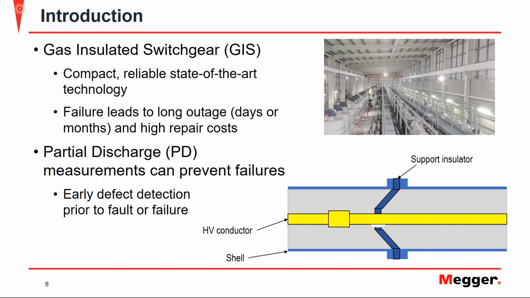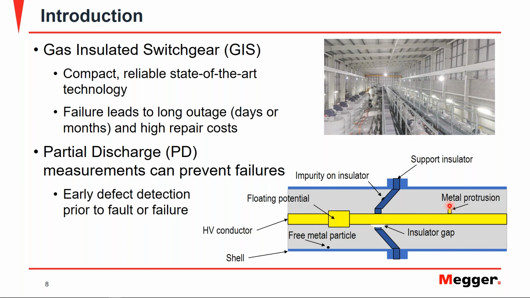Now, there are several different defects that can happen within a GIS system, such as a free particle, floating potentials on your high voltage conductor, an impurity within your insulator, a gap between your insulating barrier and your high voltage conductor, or even a metal protrusion on your high voltage conductor.